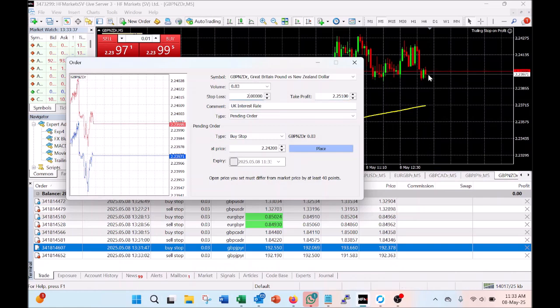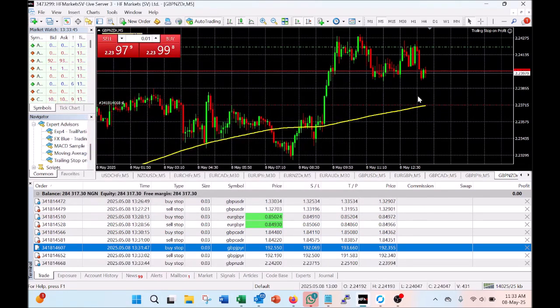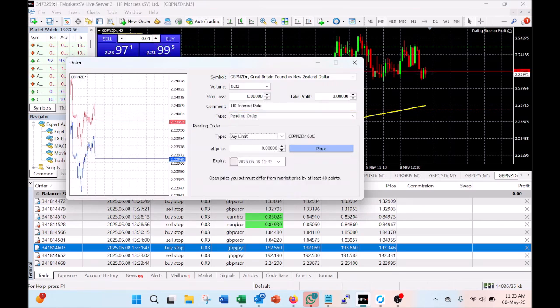Now, the British pound New Zealand, I usually consider this pair as an exotic one because the spread is quite large, quite massive compared to the other pairs. So we'll need some amount of caution when we're setting the pending order levels.